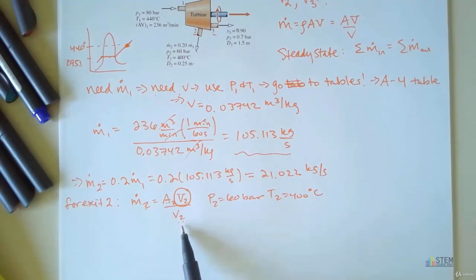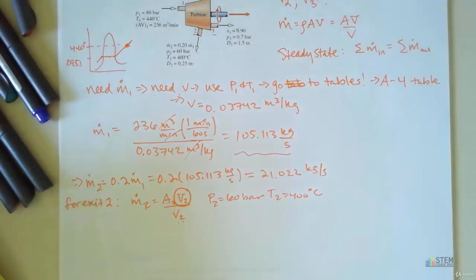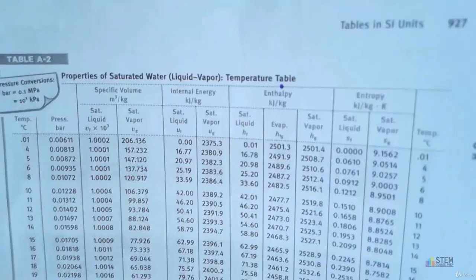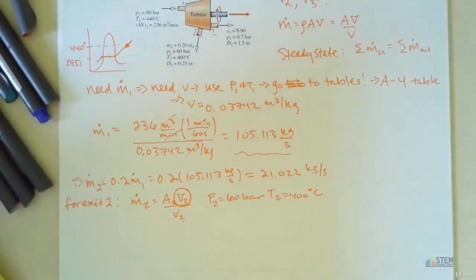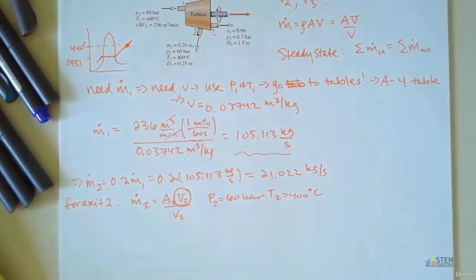Again, in order to find V2, you have to go back to those tables. You would start off on the saturated water table, the temperature table. Our pressure is 60. Let me get the right table, guys. There it is. Okay, sorry about that.